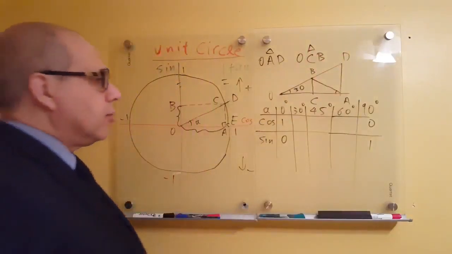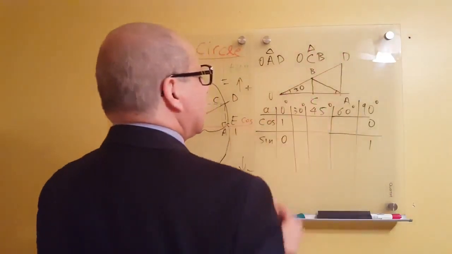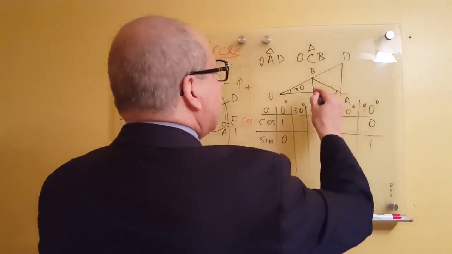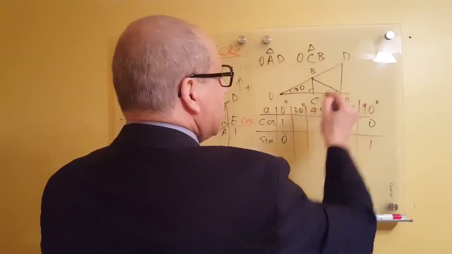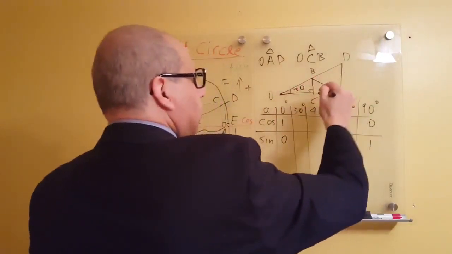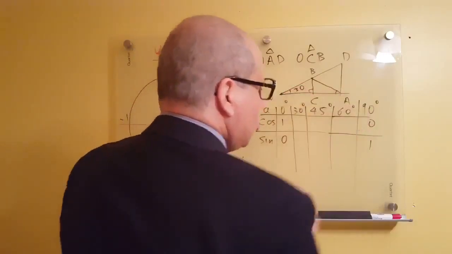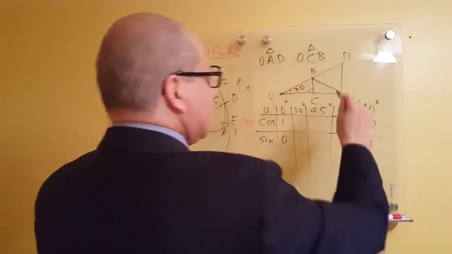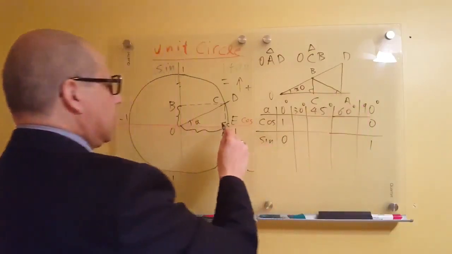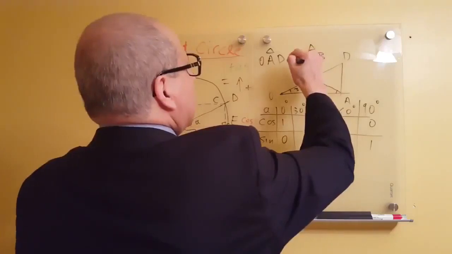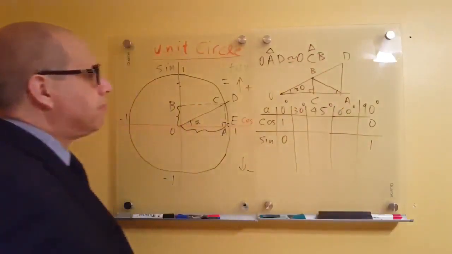They are similar again. Why? Because they have this angle O in common, which is 30 degrees, and then they have this angle equal to this one, because both lines are parallel to the line OA. So this angle is equal to this angle, and of course they are 90 degrees. So these two triangles are similar.